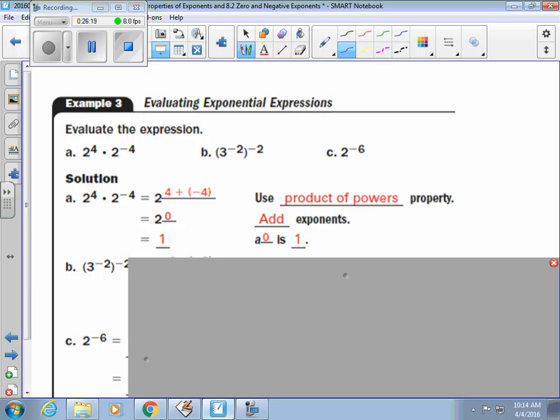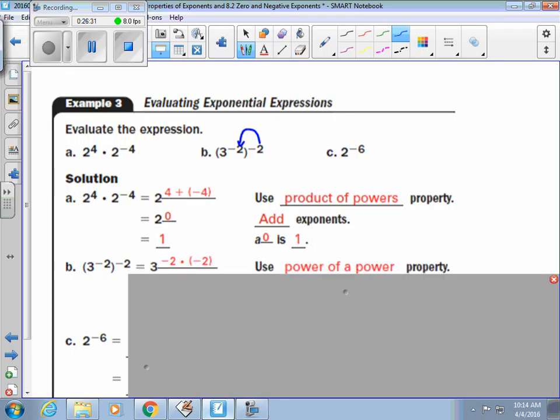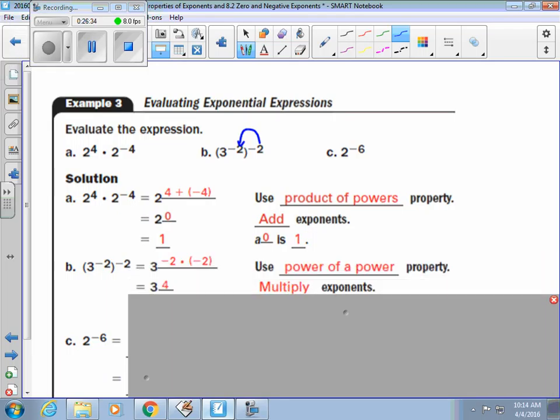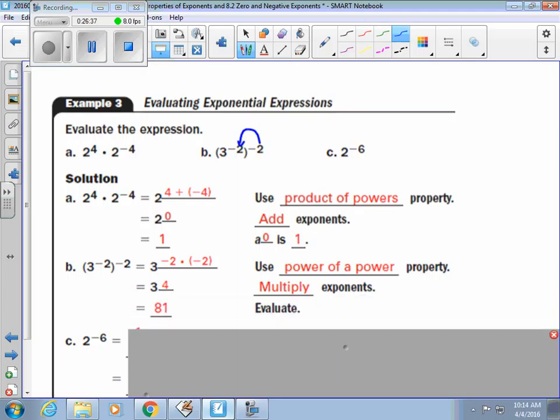What about 3 to the negative second to the negative second? In this case, you're raising a power to a power. You multiply the exponents. Negative 2 times negative 2. You get 3 to the positive 4th. Negative times a negative is a positive, and 3 to the 4th power is 81. What about 2 to the negative 6?